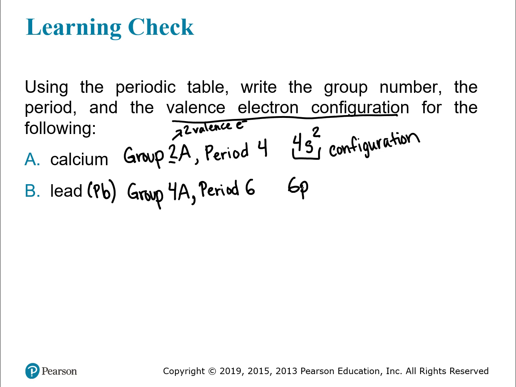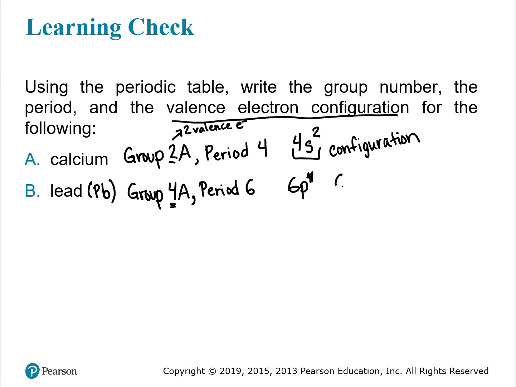But we have more than just 2 valence electrons. Everything that is in the energy level 6 is going to be counted as a valence electron. And when you look at the group number for lead, it's 4A. So that tells you there should be 4 electrons, right?